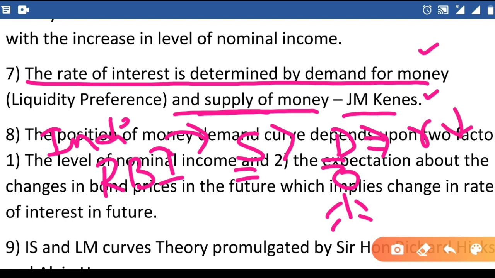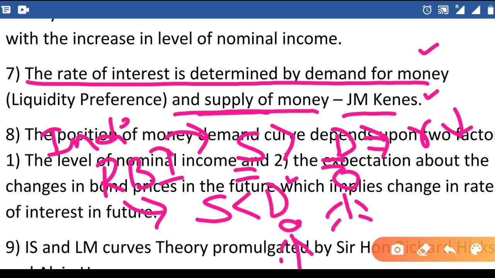If the RBI supplies less money and people want more money, there is more demand for money, so money demand is high and that's why the rate of interest is high.